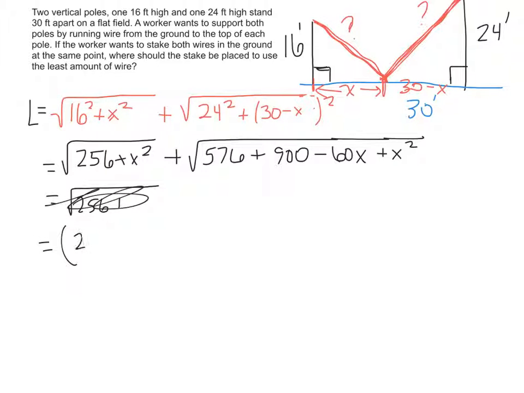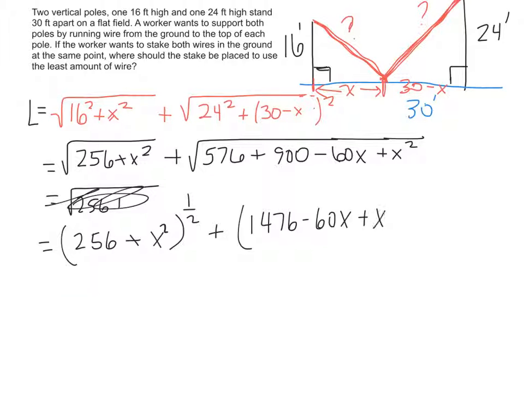I'm going to write it this way. 256 plus x squared to the 1/2 plus, this is all going to be, what's that, 1476 minus 60x plus x squared to the 1/2. Now let's take the derivative of that.